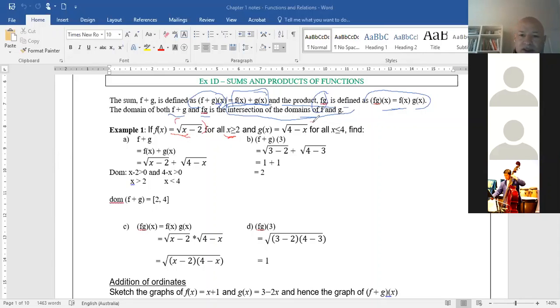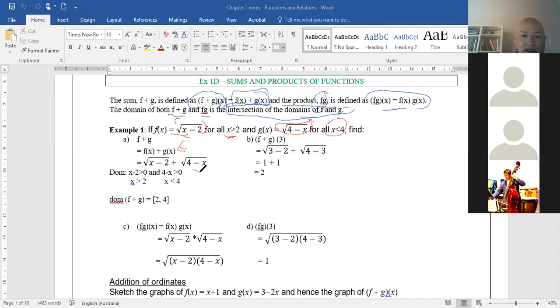Here, we've got g of x equal to that, and again, x is going to be less than or equal to 4 because anything bigger than 4 is going to give us a negative under here. So add in the two functions. Pretty easy. We're just going to get f of x and add the g of x. F of x equals the square root of x minus 2. G of x is that. We cannot simplify those, so we leave it as it is. Any questions up to there?